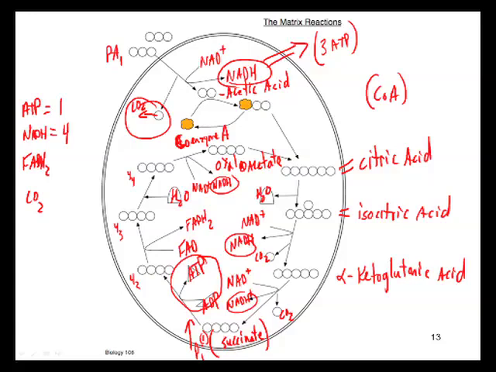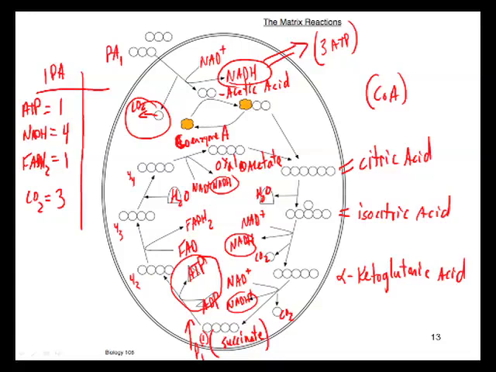Don't forget about the oxidation of pyruvic acid. If we're just talking citric acid cycle, yes, it's 3. But if we talk about the matrix reactions, then it's 4. How much FADH2? 1. How much carbon dioxide? 3. That's from 1 pyruvic acid.